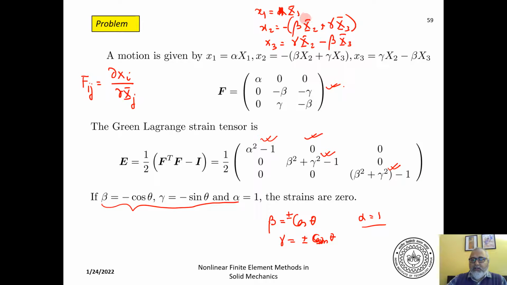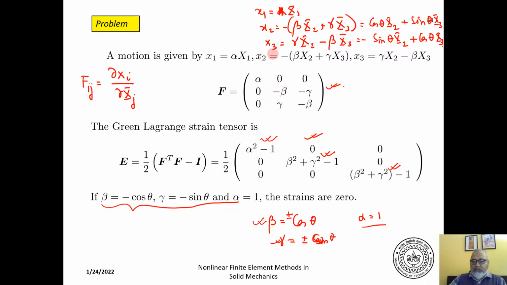Beta is minus cos theta, so this becomes cos theta X2, and this is minus gamma X3, so this is sin theta capital X3, and this is equal to minus sin theta capital X2 plus cos theta X3. So you can easily see that with these choices of beta and gamma, this motion is actually a pure rigid body motion about the x1 axis.